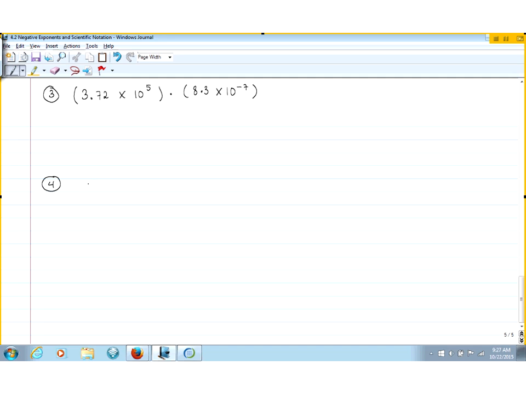And then now we will do division as well. Number 4: 2.8 times 10 to the negative 2 divided by 7.5 times 10 to the negative 7.